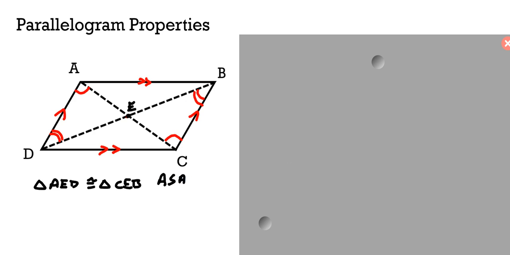And because of CPCTC, I know that AE is going to be congruent to CE. Which means this diagonal here, this diagonal DB, did something pretty specific to diagonal AC.